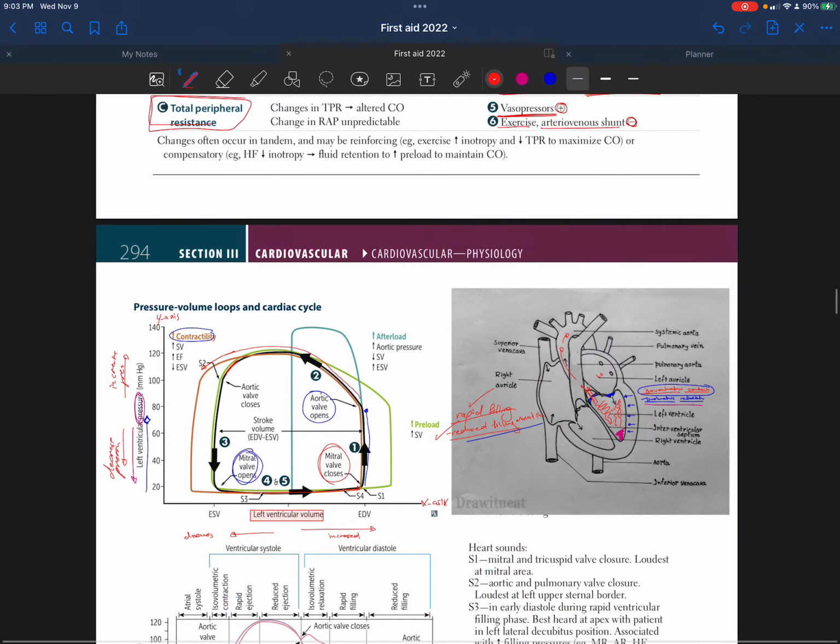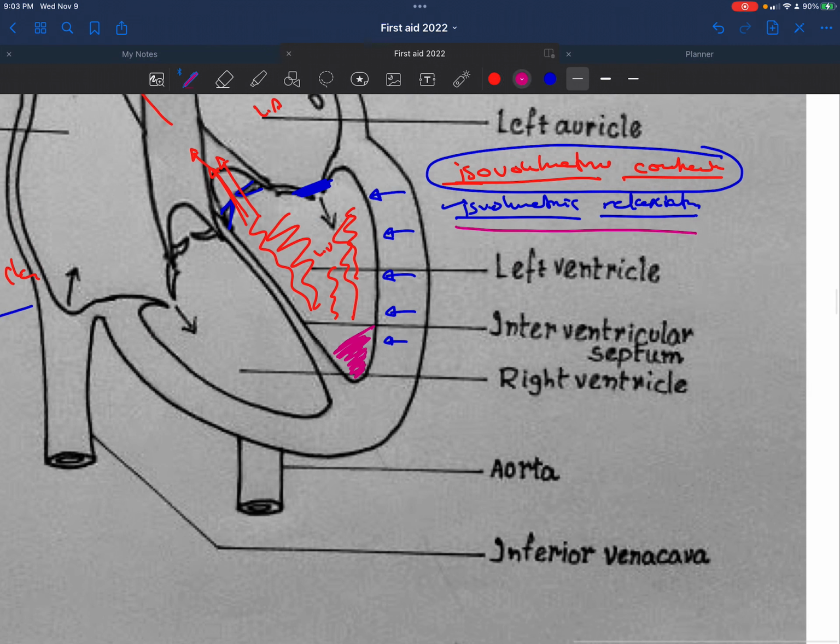And why is that? Because now we have some extra force in the wall of the left ventricle, because this time we made something special. We increased the contractility of the left ventricle, which makes it better at ejecting the blood.